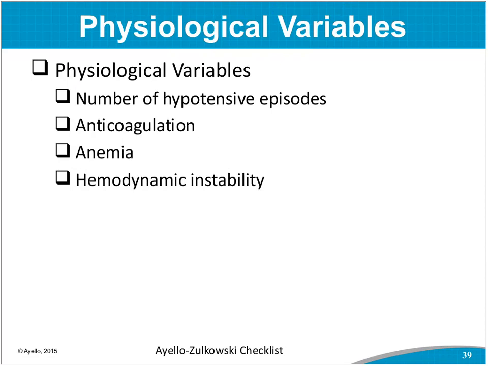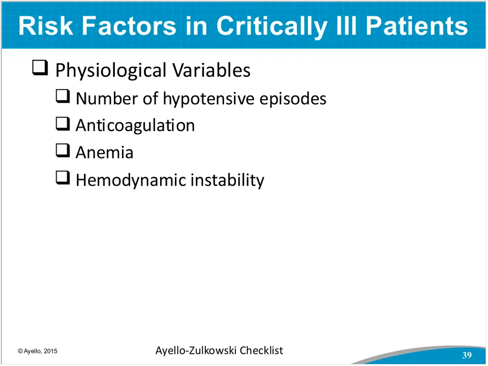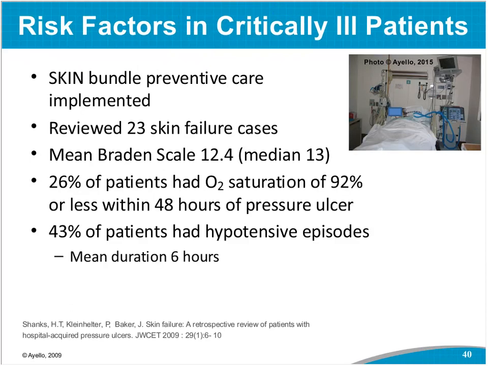All right, so what about some physiological variables? Again, I'm only going to talk about a few of them. This is a study done by Helena Shanks in a hospital in Florida where they were implementing their skin bundle. They were concerned because even though the nurses were doing the turning, repositioning, skin care, and nutrition in their bundle, they were still getting pressure ulcers.